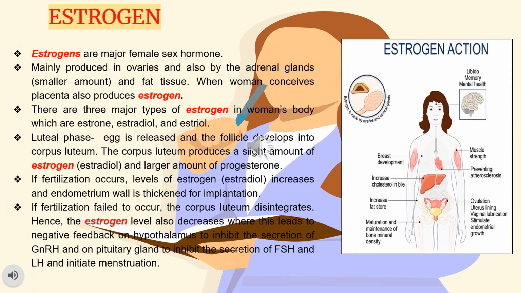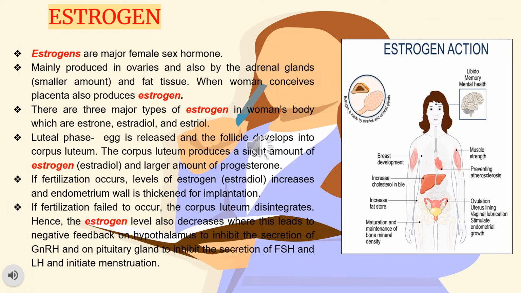Now, let's see how estrogen affects menstruation. During the luteal phase, ovulation occurs where the egg is released and the follicle develops into corpus luteum. This corpus luteum produces a small amount of estrogen but a larger amount of progesterone.